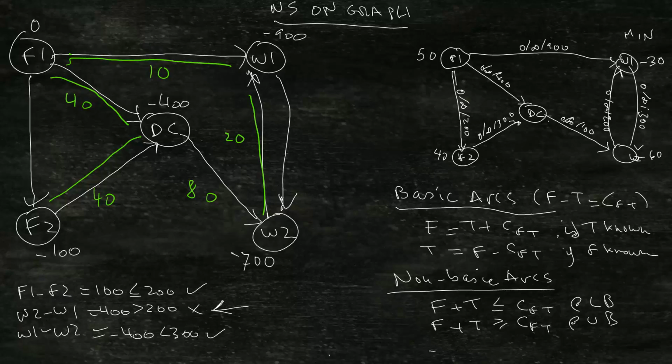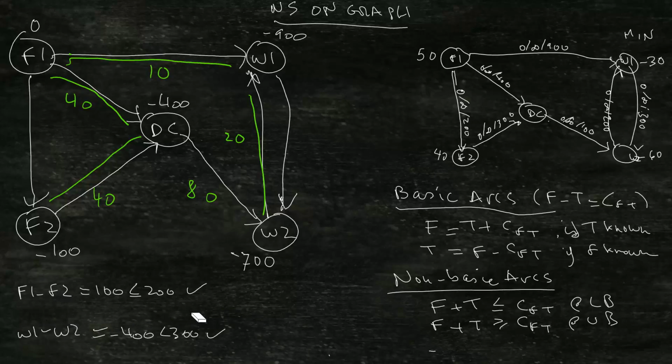Now when we come to determining feasibility, well, we still have F1 minus F2 as before. Nothing has changed there. We have W2 minus W1. We have now a W1. No, the second one is no longer, this here is no longer the item that we have to deal with.